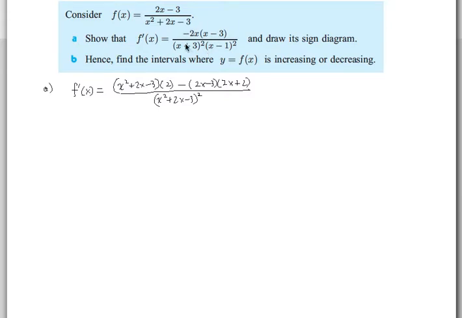Okay, so that's my derivative using the quotient rule, right? So I'm getting a little bit closer to this. Now I just need to factor this and get to this expression. Okay, so if I go ahead and distribute, I get 2x squared plus 4x minus 6, and if I do FOIL on that, I get 4x squared minus 2x minus 6, right?